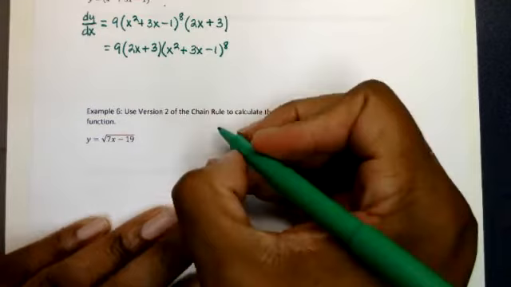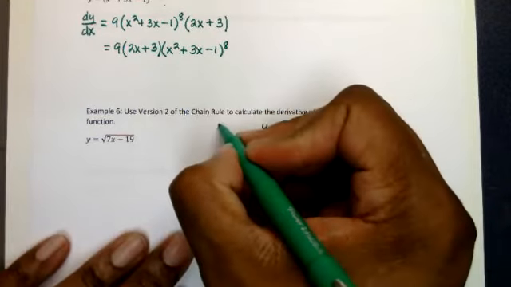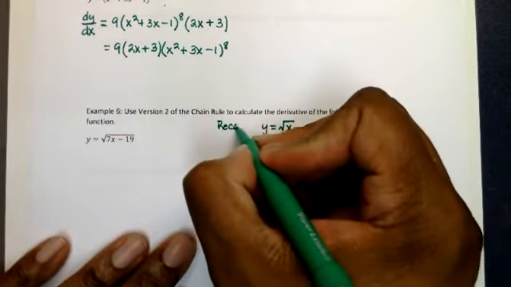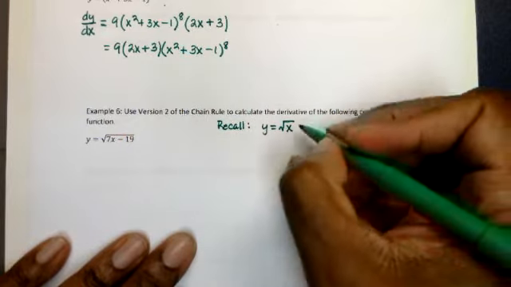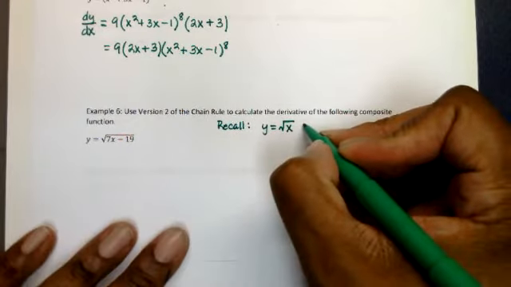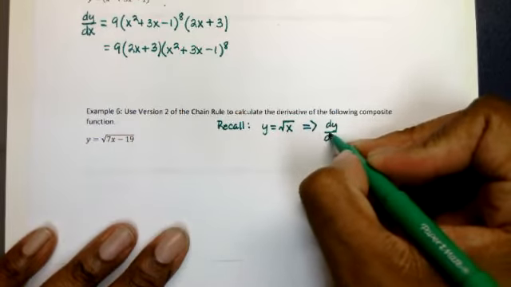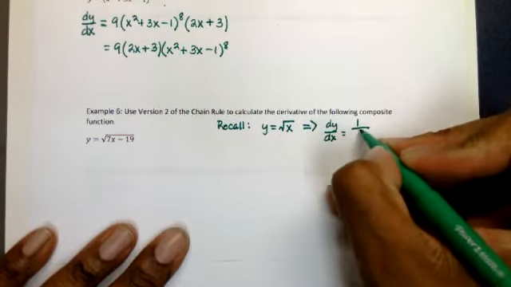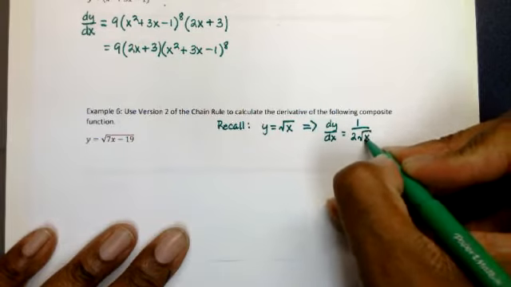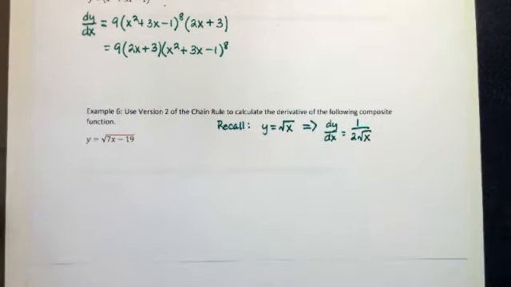And if you recall from a previous video, if I have y equal to the square root of x, that means its derivative is going to be 1 over 2 square root of x.